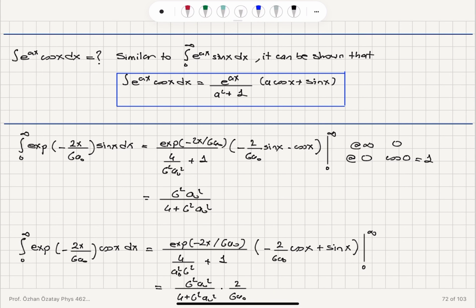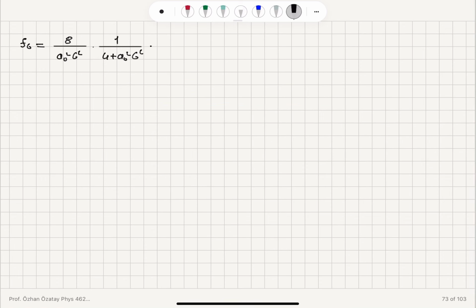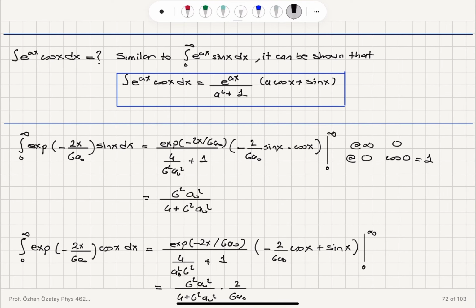That gives us this result, g square a0 square over 4 plus g square a0 square. So we have g square a0 square over 4 plus a0 square g square. And then we go to the next term.